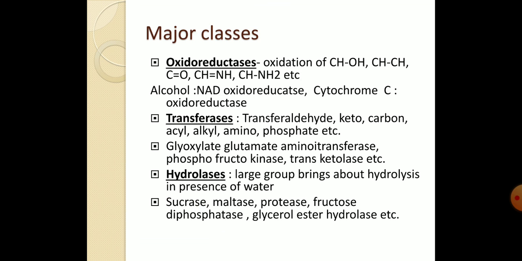For example, for oxidoreductases, an example is NAD oxidoreductase and cytochrome C. These enzymes are oxidoreductases. Transferases transfer acyl, alkyl, amino and phosphate groups, and phosphofructokinase is an example for that group.